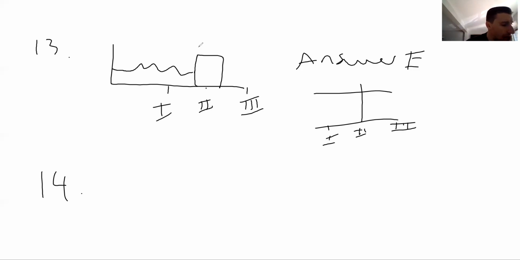Which of the following graphs best shows the kinetic energy of a block as a function of displacement? So we're looking at kinetic energy here. What we know about kinetic energy is this max velocity, which we just talked about in number 12. Here, our velocity equals 0.